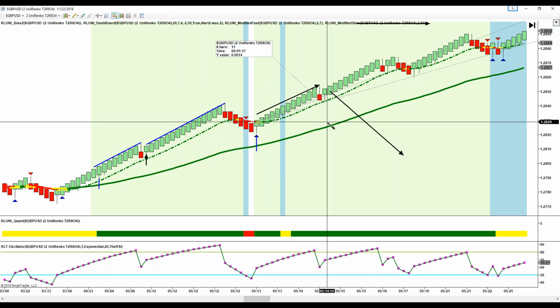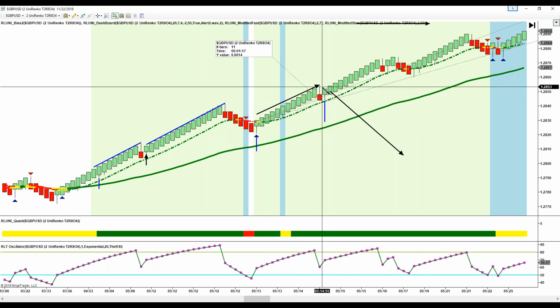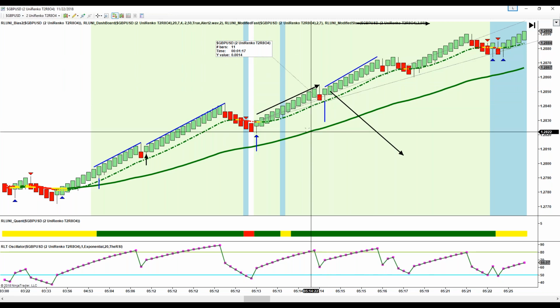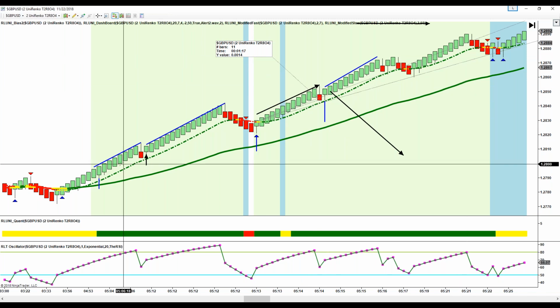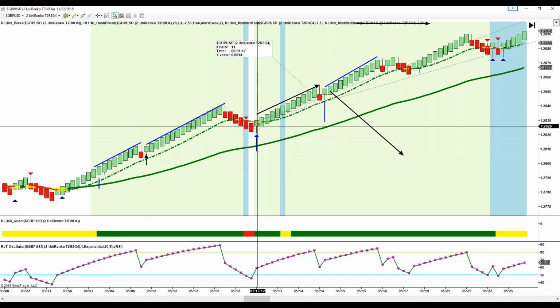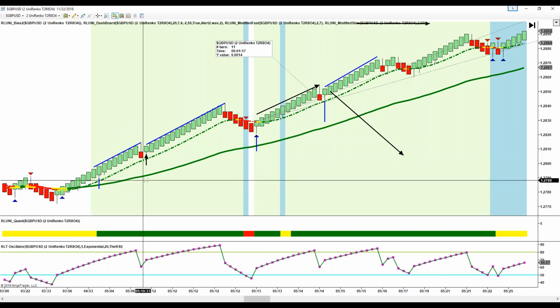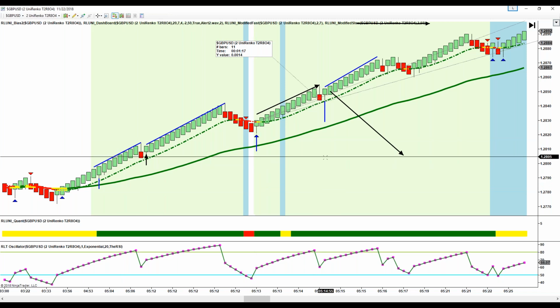Now I have the pullback, and I would take the trade here. But that takes a little bit of work. Out of this move, even on the most conservative exit, you've got an entry here, a defined entry here, an entry here. You can make a lot of money out of this.